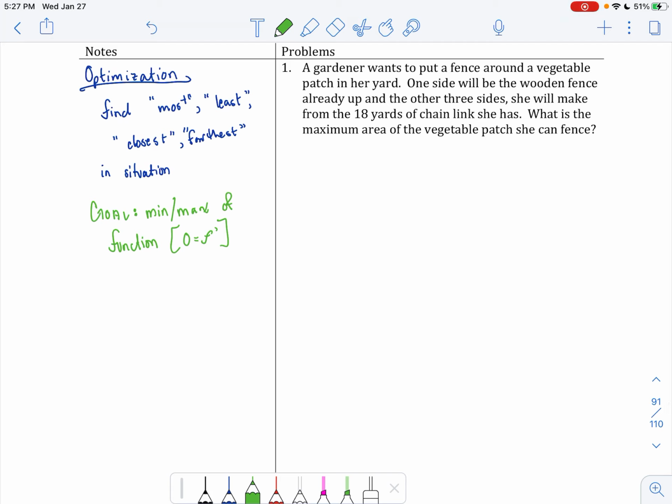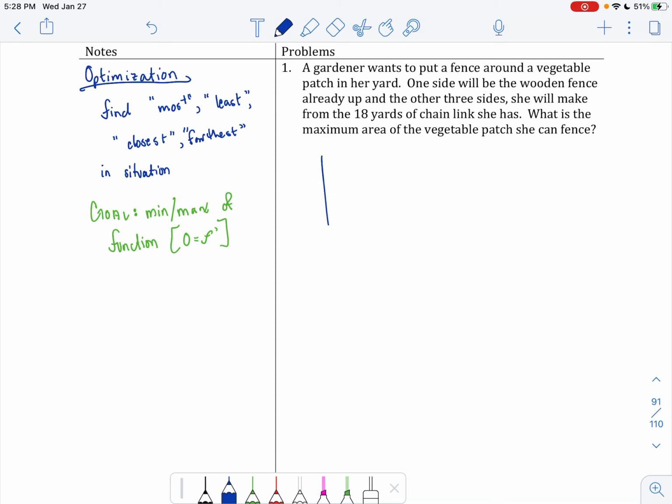So, a gardener wants to put a fence around a vegetable patch in her yard. One side will be the wooden fence that's already up, and the other three sides she'll make from 18 yards of chain link that she has. What is the maximum area of the vegetable patch she can fence? What I will often do with any sort of geometry type problems is draw a quick picture out first.